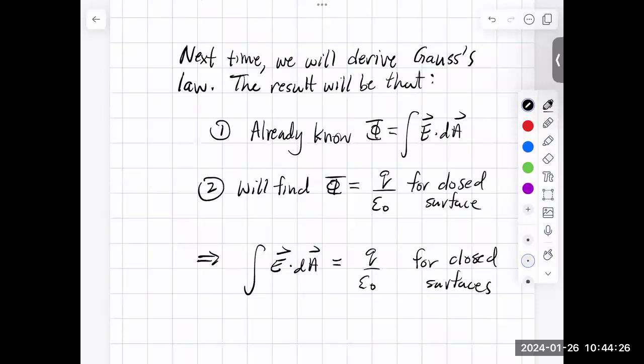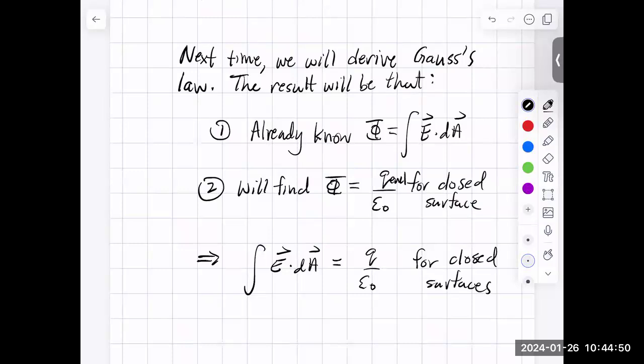I'm going to fix up this notation just a little bit. We have to be careful with how we write this because we could have a closed surface with some charge that sits outside, and in that case, the flux is 0. So I'm going to emphasize that this charge is enclosed by our surface.